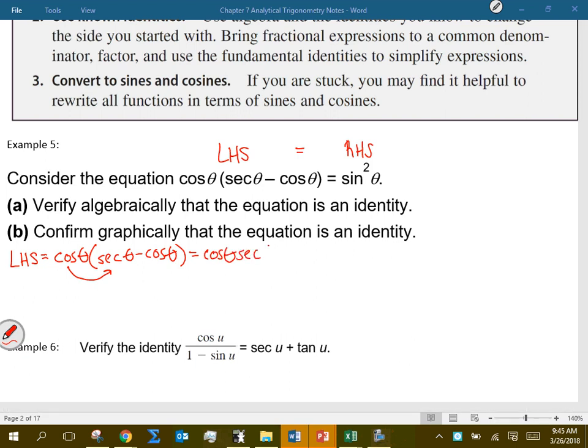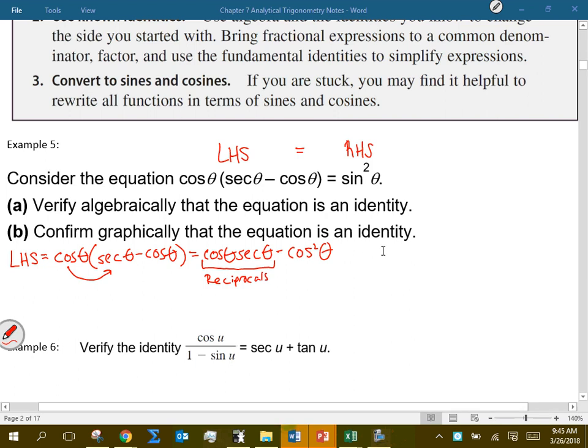You don't have to, because what is cosine times secant? What are those two things to one another? They're reciprocals. And what is the product of 2 reciprocals? That's 1. That's the definition of reciprocals, right? So I get 1 minus cosine squared theta.